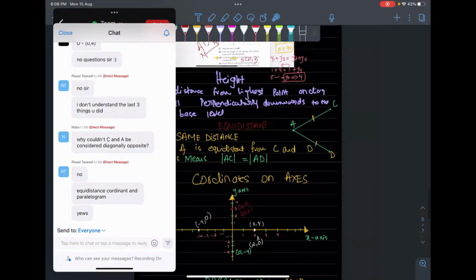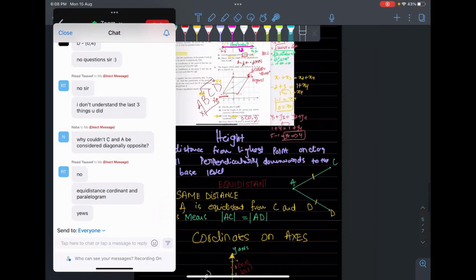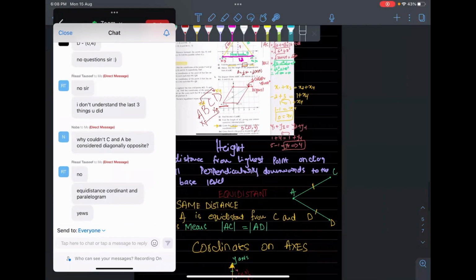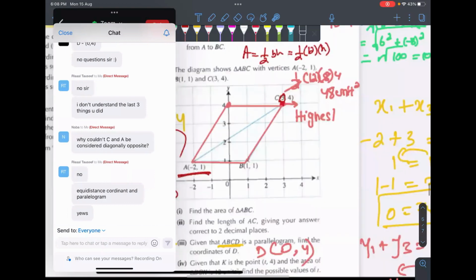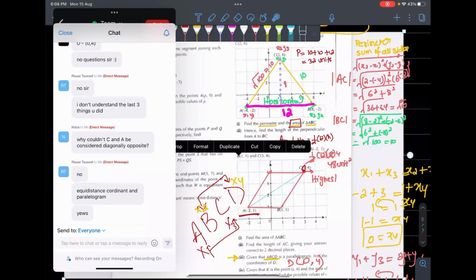So what you can do is find the midpoint of A and C using the formula x1 plus x2 upon 2, comma y1 plus y2 upon 2, which we did on Thursday, I think. And then you find the midpoint of BD. You equate both of them, you will have the same working. Is that clear now?